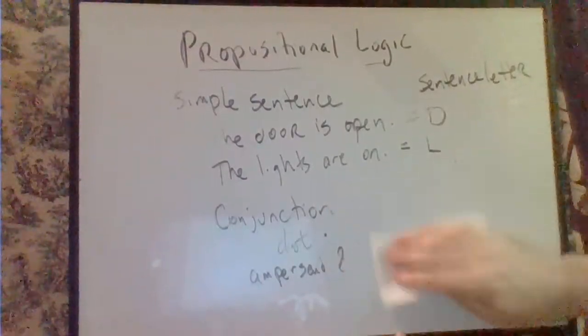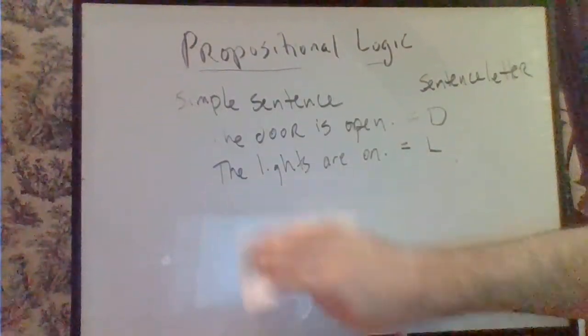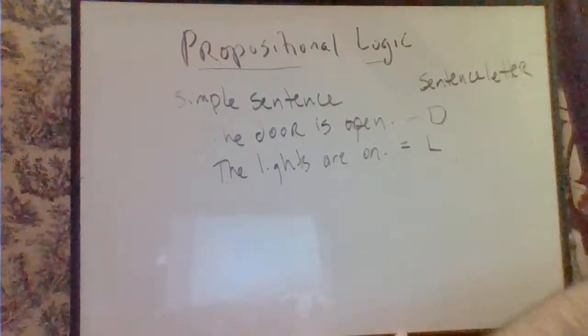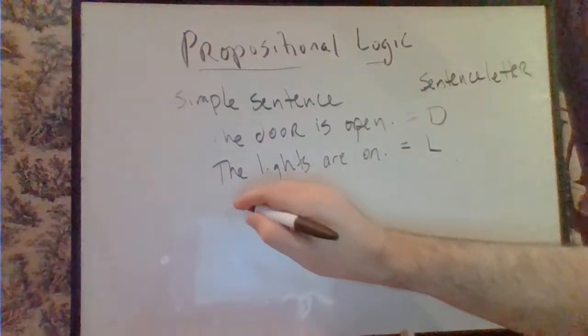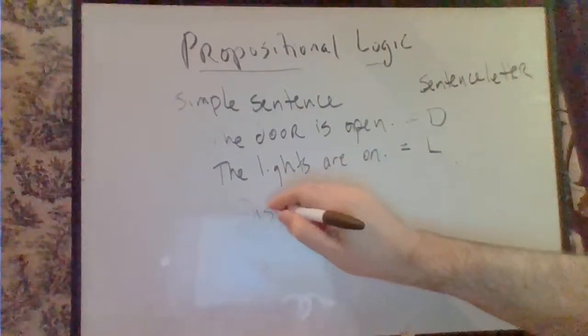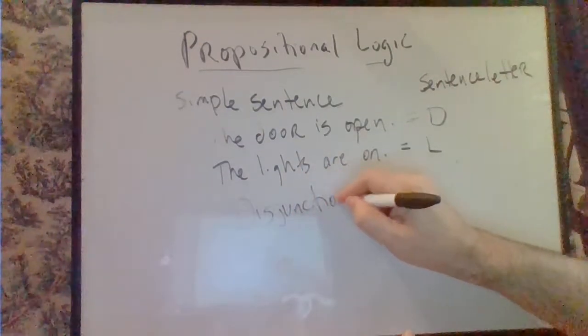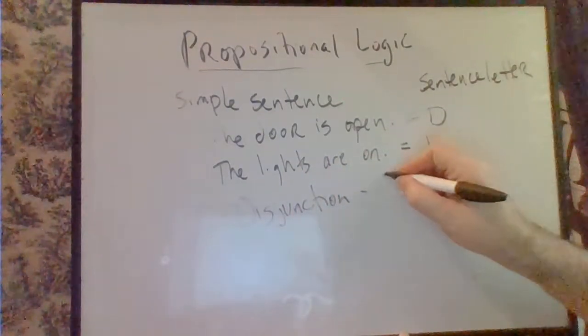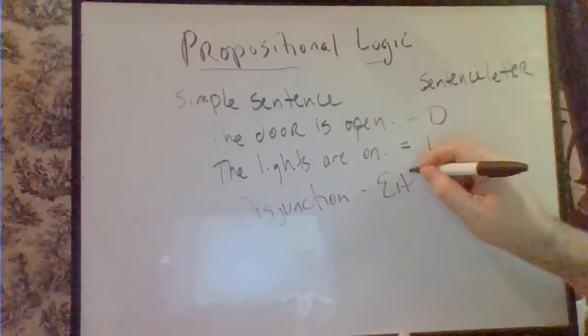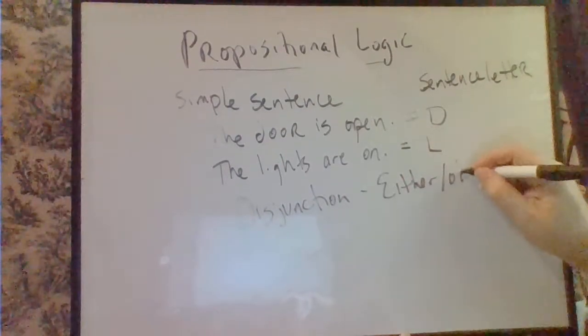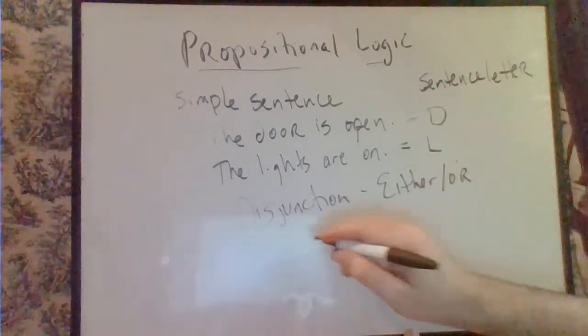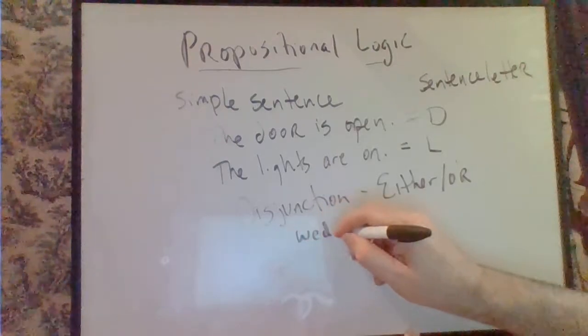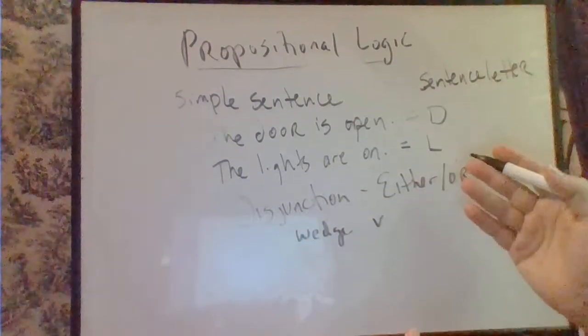The next relation we have is called the disjunction. Disjunction is basically an either-or sentence, one or the other. And the symbol that's used for that is called a wedge. It's just basically a little lowercase v.